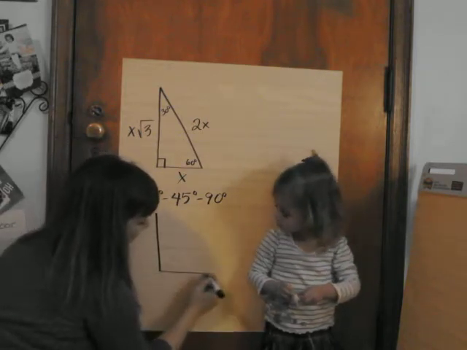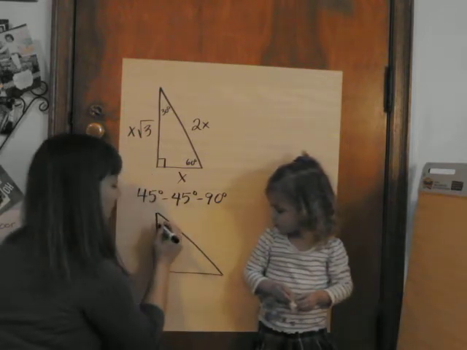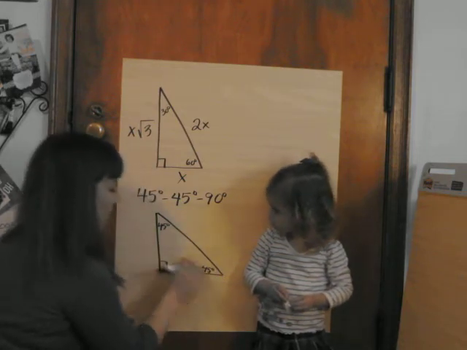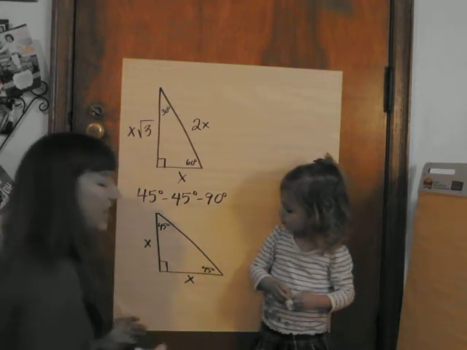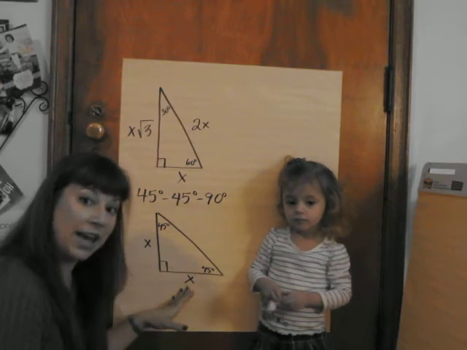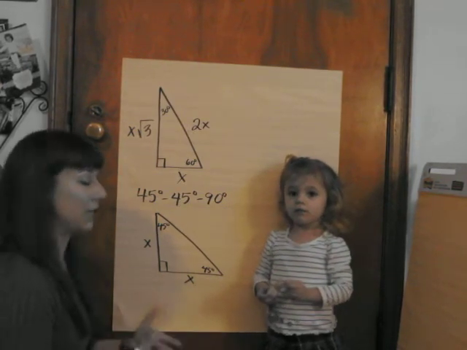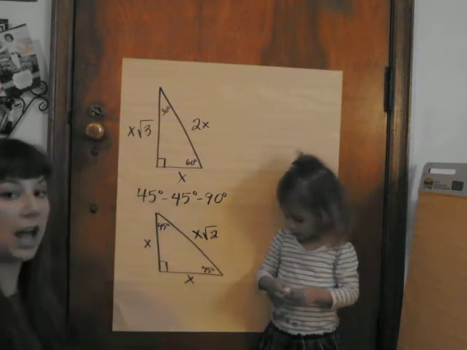So it means that the side across from 45 is the same as the side across from this 45. You can pull Pythagorean theorem out, x squared, add them together, and we have to take the square root, so we get 2x squared. Take the square root, we get x radical 2. I'll let you do that proof if you'd like.